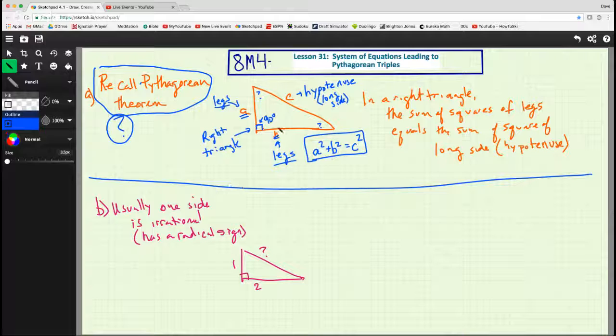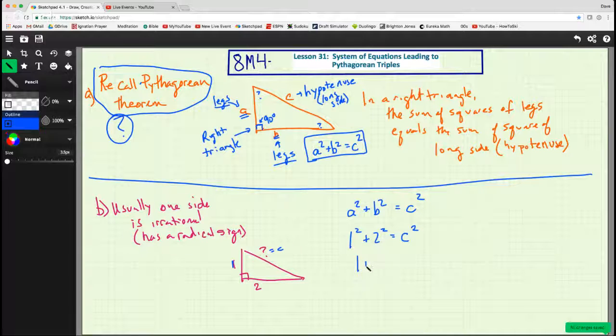When you work the Pythagorean theorem, it turns out that usually one side is irrational, meaning it has a square root in it. So let's watch this. If we have a side that's 1 and another leg is 2, then the Pythagorean theorem tells us that 1 squared plus 2 squared must equal this long side, we'll call that C, squared.